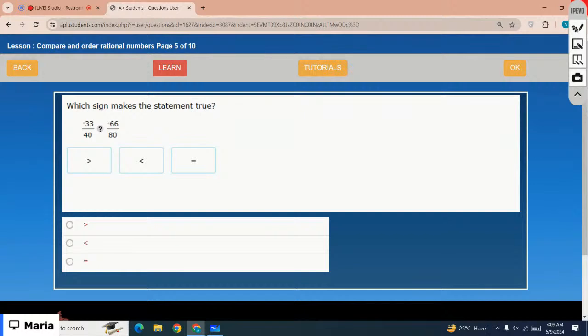They both are exactly equal, right? If you simplify negative 66 over 80, it is exactly equal to negative 33 over 40. So they both are exactly equal.